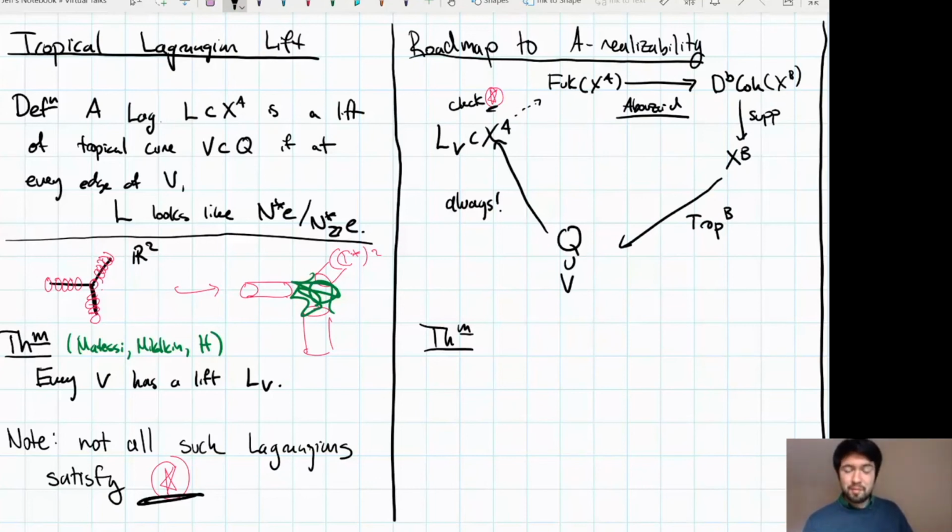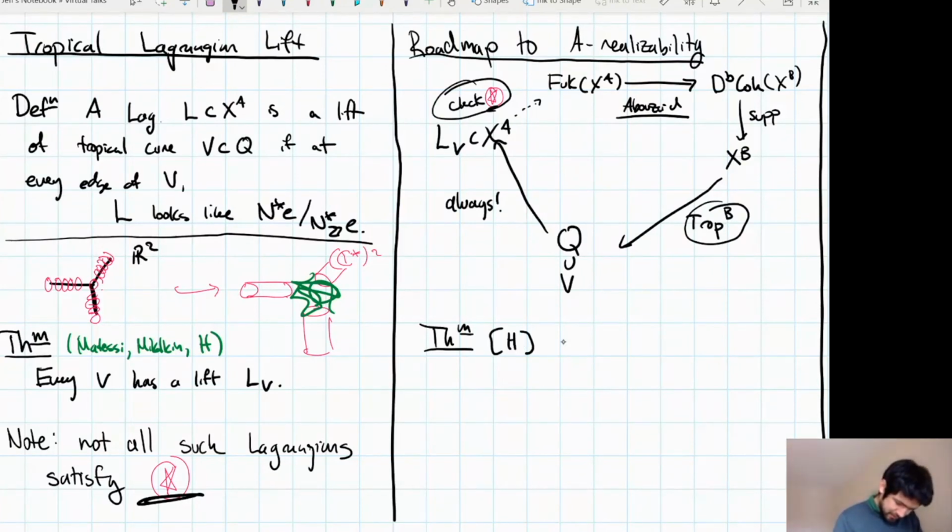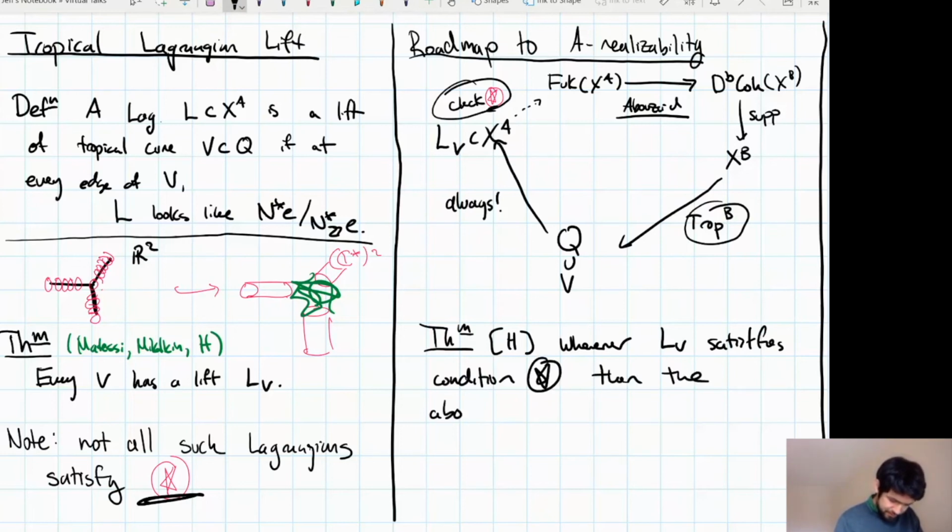So there's kind of a problem. Problem one is checking that you satisfy the technical conditions. The second problem is that you end up building some tropical object, but did you get the right one out? You could have gotten some different tropical object out. So the theorem is that whenever LV satisfies condition star, then the above diagram commutes.